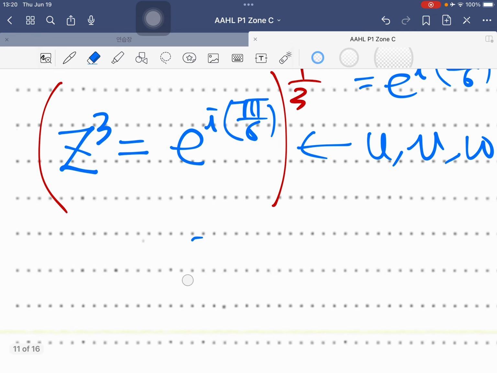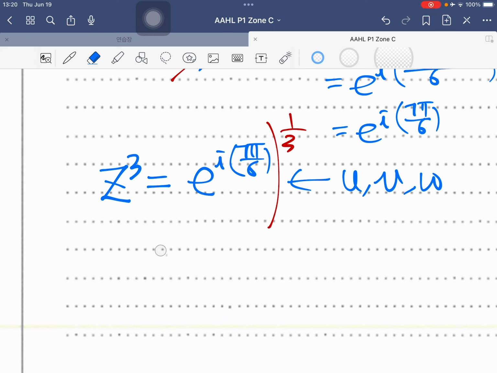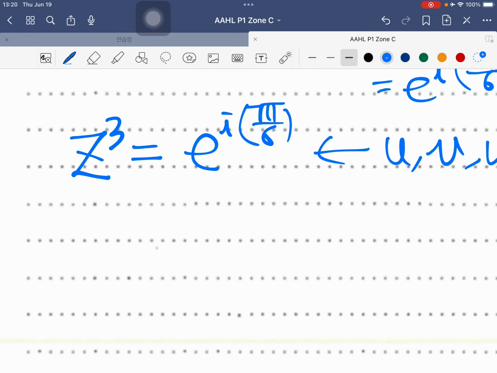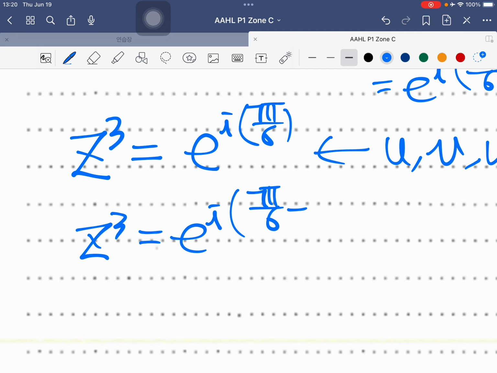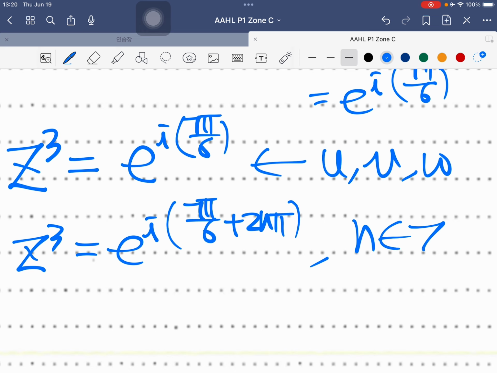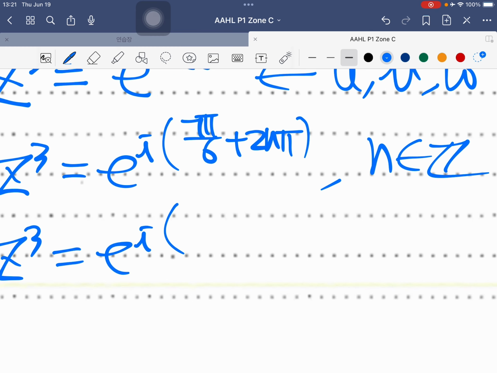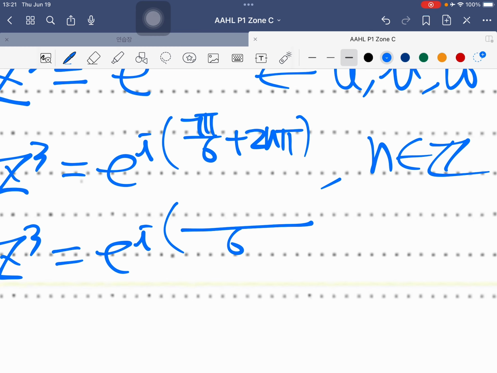Before doing that, we need to do something, right? We can always add 2n pi, where n is an integer. So we can also say z cubed is e to the i of, putting the 6 on the denominator together, 2n pi, now becomes (12n plus 7) pi over 6.